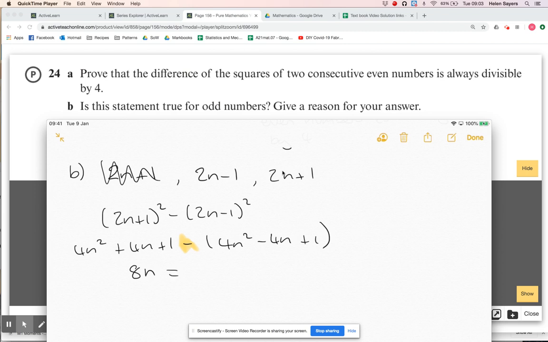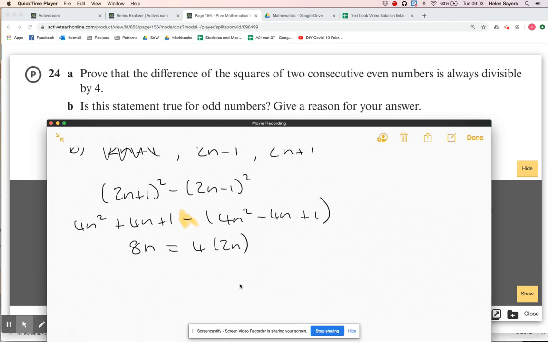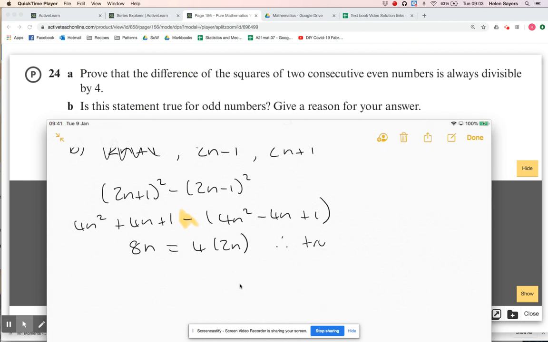So there you're going to get a multiple of 8, or it's always divisible by 8, but they are talking about it being divisible by 4. That's not normally a factorization I would do, but that's the quickest way to show it's divisible by 4.